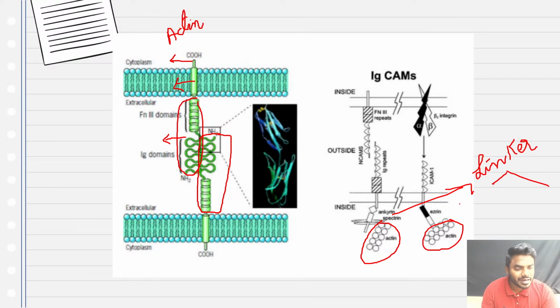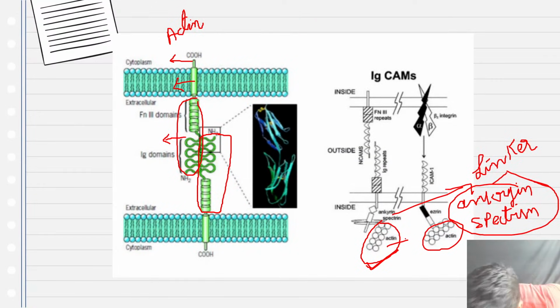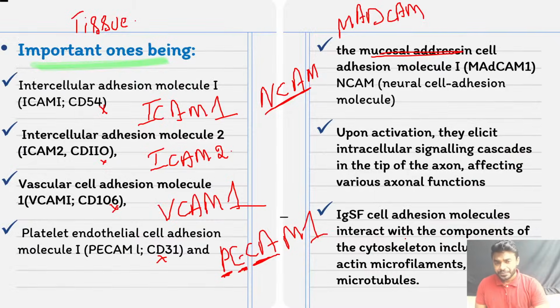What are these linker or adapter molecules? We are going to discuss this: ankyrin and spectrin are the major linker or adapter molecules through which these immunoglobulin superfamily CAM molecules are associated with cytoskeletal elements such as actin. Kindly do not get confused here, and please try to remember the maximum amount of information.